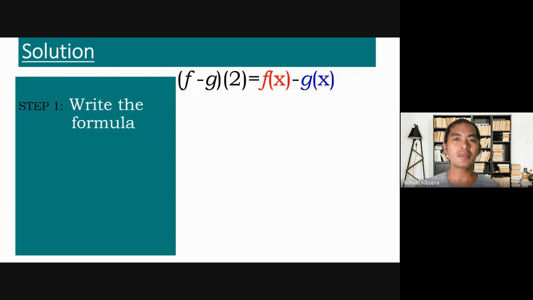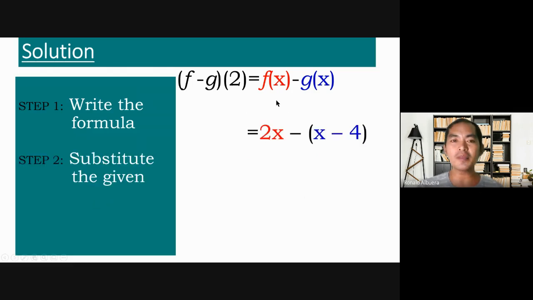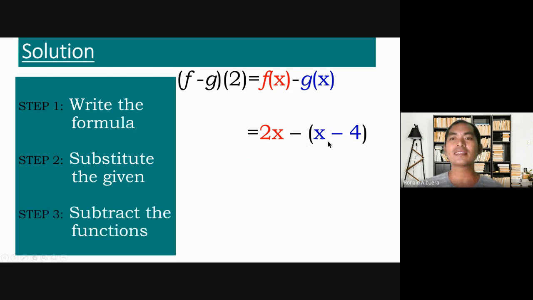Okay, for instance, you are going to evaluate the function f minus g at x equals 2. Okay. Ang second step is to substitute. We have 2x minus the quantity of x minus 4. And then we simplify.